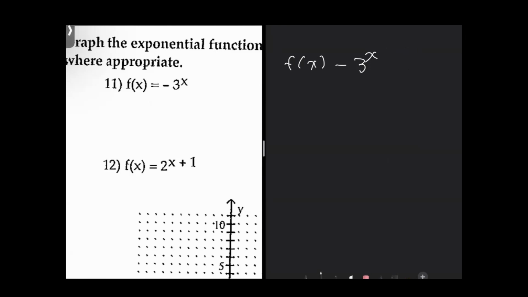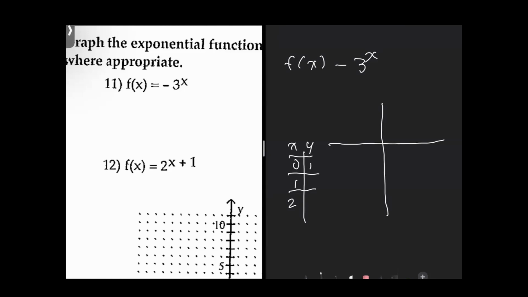So with graphing exponential functions, you can simply make a table and graph the points. We could choose numbers like 0, 1, and 2. Any number raised to the 0 power is always 1.